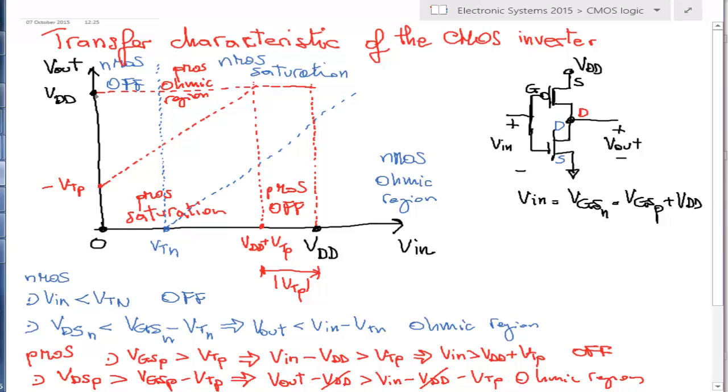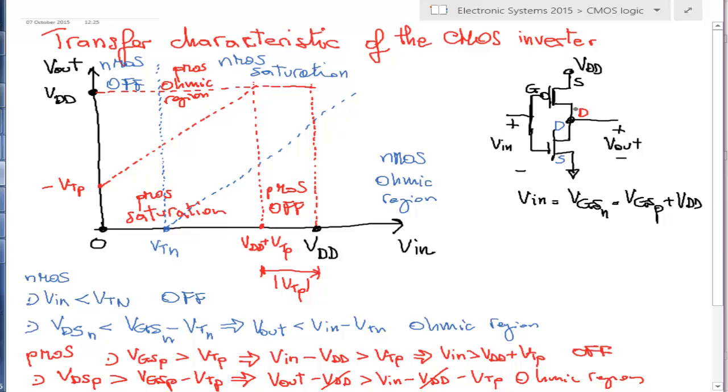We start from here. Then we increase V in, and of course what happens is that the Nmos is always off. The Pmos is in the ohmic region, and therefore the output voltage is equal to VDD, because only this Pmos is in the on state.